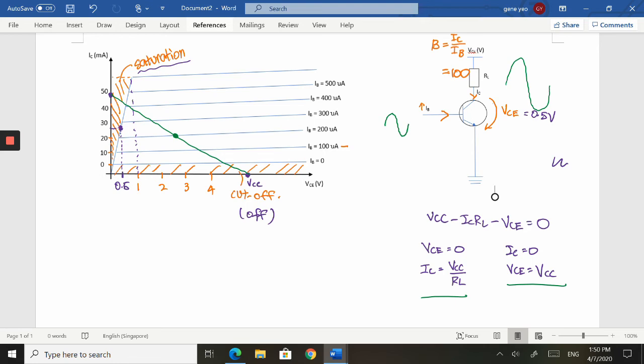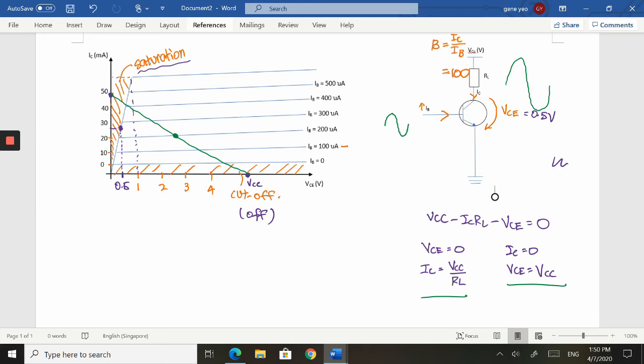So ideally, the input is a nice sine wave and the output gives you a very nice amplified sine wave. So that's the ideal situation. Yeah. So ideally we want to have somewhere in the middle here.